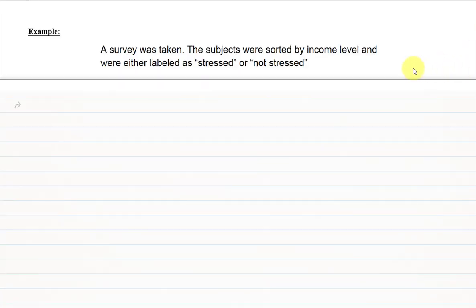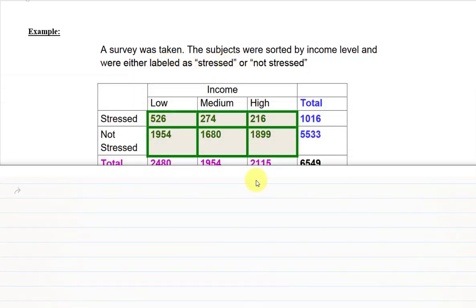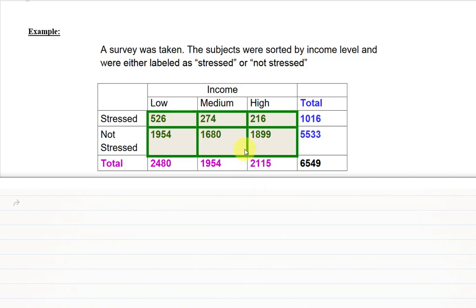Let's take a look at another example. A survey was taken. The subjects were sorted by income level and labeled as either straight or not straight. So here is the result. We have the income level: low, medium, high, and then straight or not straight.